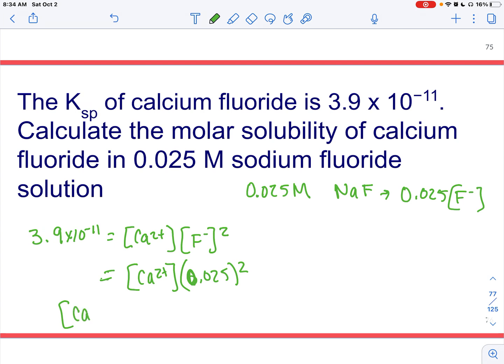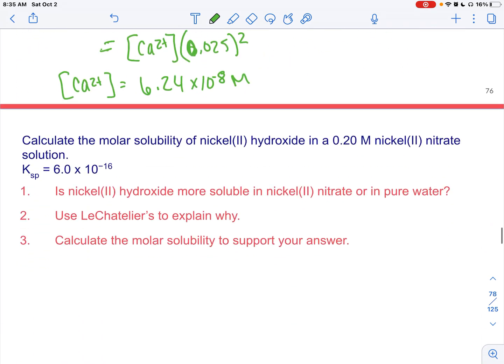And then our calcium 2 plus comes out to this. Okay, so just a little bit different way to come at the same type of problem.